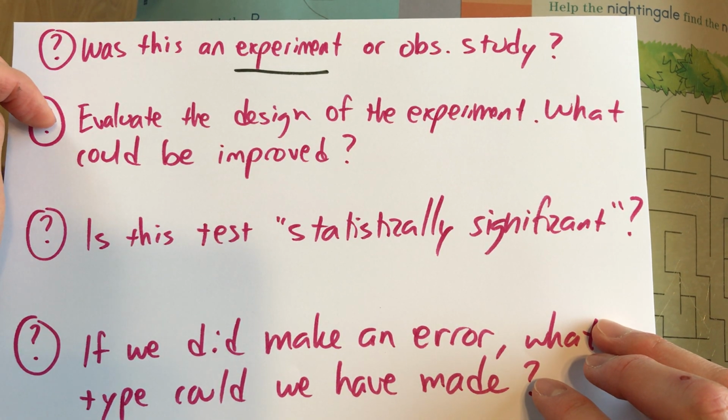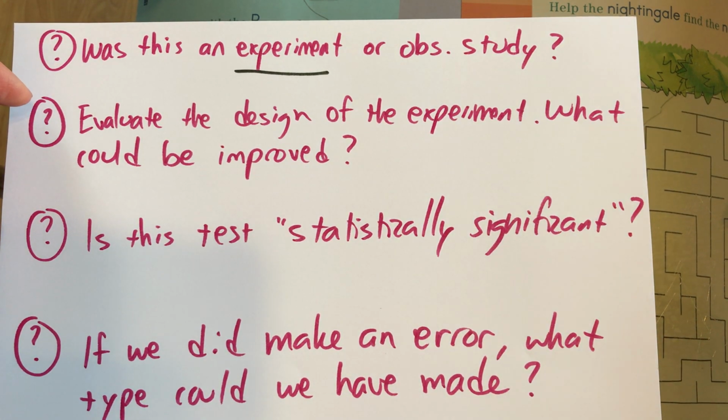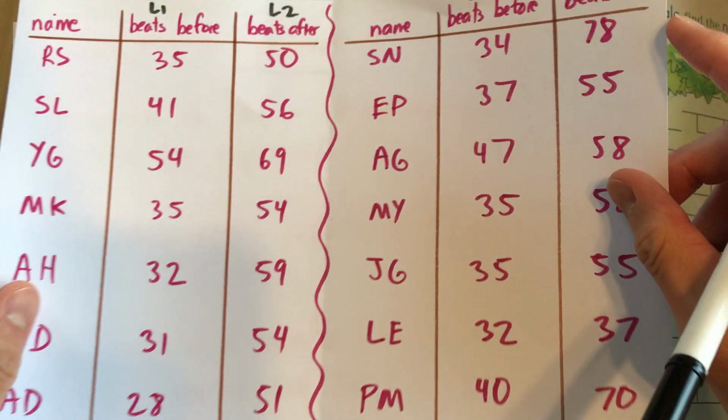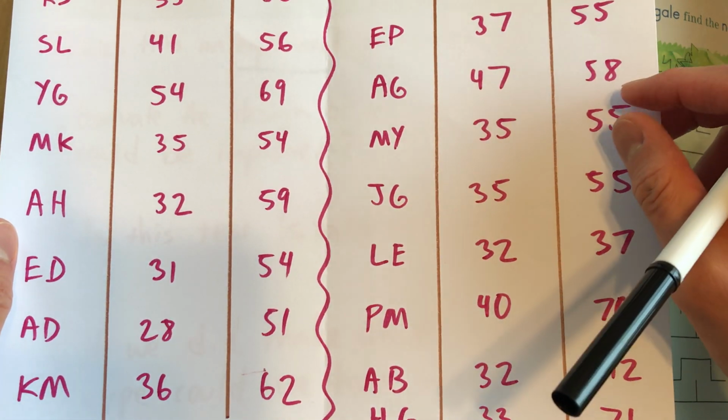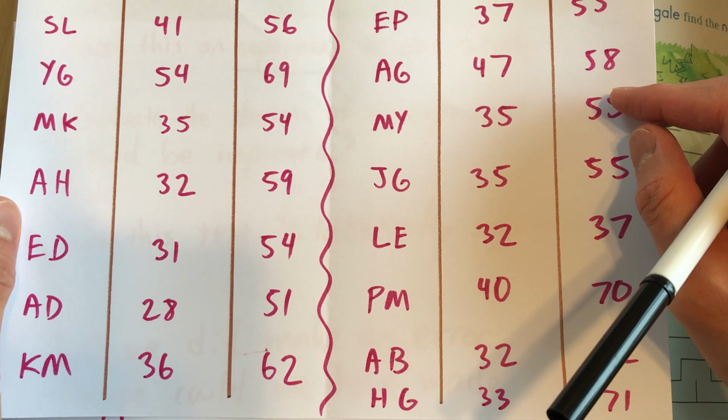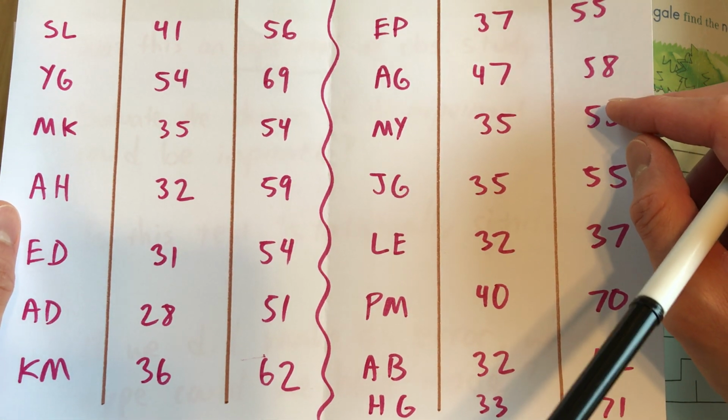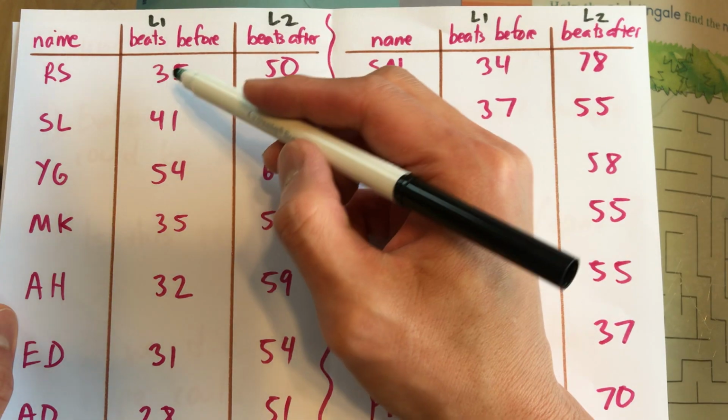So evaluate the design of the experiment. What could have been improved? Like I already mentioned, you needed YouTube to watch this, and the responses that I got, all of you are like 17 to 18 years old. So that must mean something. And maybe the time of the day influences your beats before.